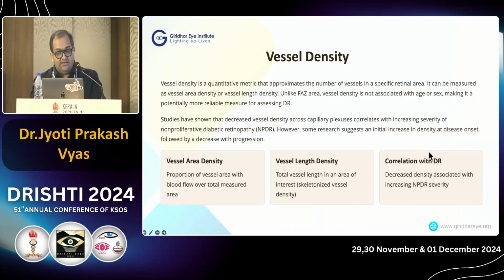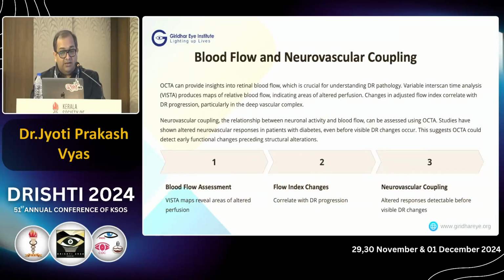Vessel density, again, as previously mentioned, blood flow and neurovascular coupling. Neurovascular coupling responses are mainly altered and detectable even before visible diabetic retinopathy changes come in. So this is something to look forward to in the near future, because as of now, our basic understanding of the investigative modality and the availability of these tools is not very rampant.